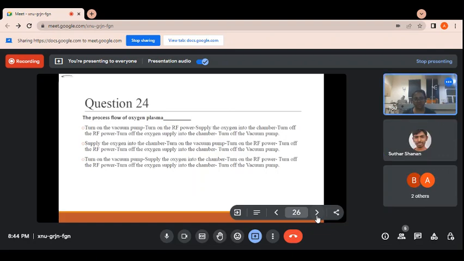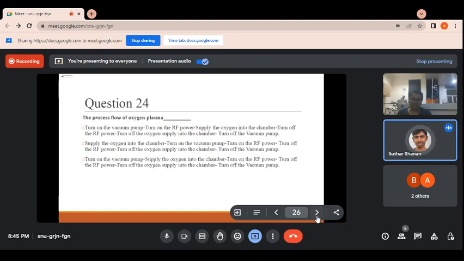To create the process flow for oxygen plasma, we first turn on the vacuum pump, right? Because in that machine we need to create the environment by removing the molecules of the air. There will be two holes in that machine; through one hole oxygen will be supplied and through the other the vacuum pump will be activated.